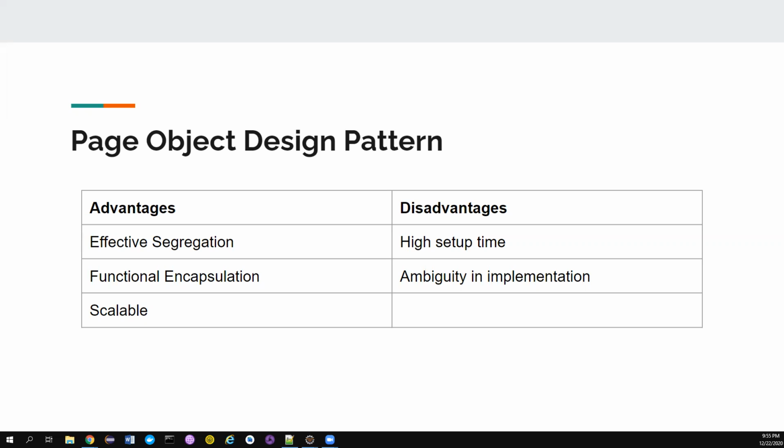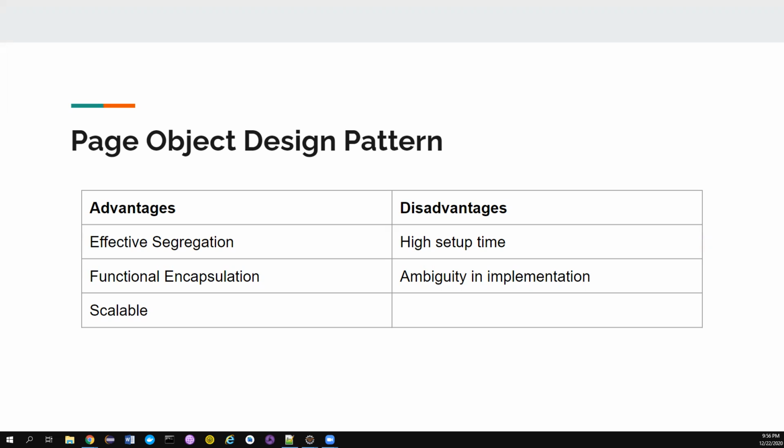What we're going to do is move all the things that are not related to the test to the page layers. Suppose the application has 5 pages. We will create a class file for each of the pages present in the application. Suppose there is a login page, home page, cart page, payment page.